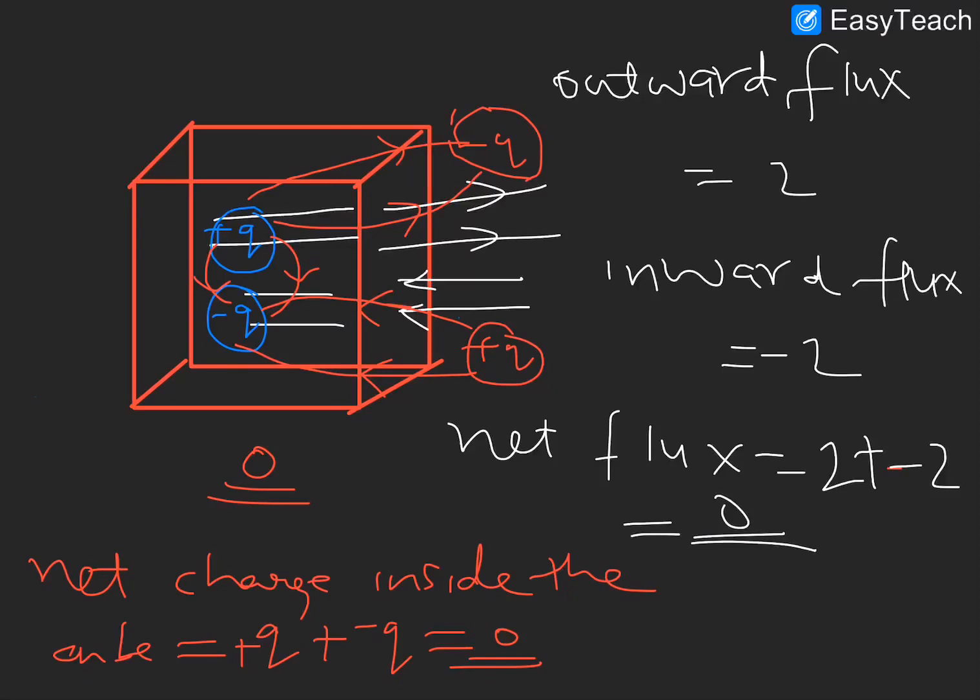In detail, I will explain this when I discuss Gauss's theorem. So please try to understand what is positive flux, what is negative flux, and when the net flux will become 0. This last content, net charge and associated flux, I will discuss in detail when I discuss Gauss's theorem. Okay.